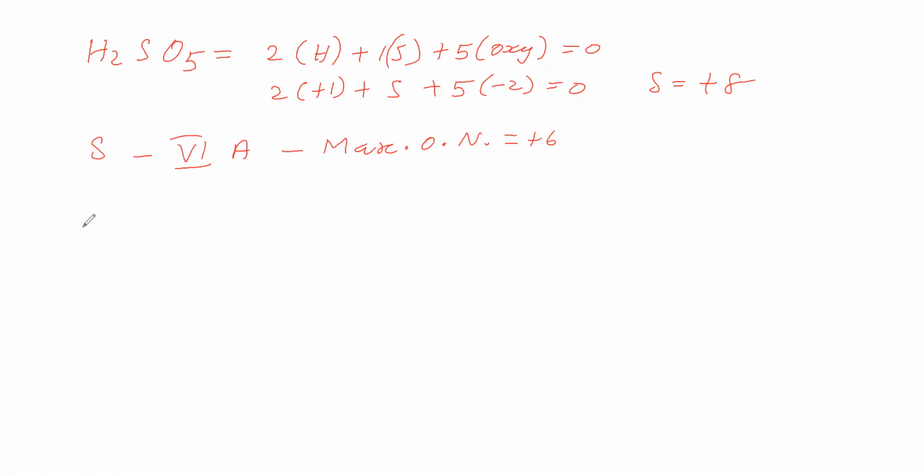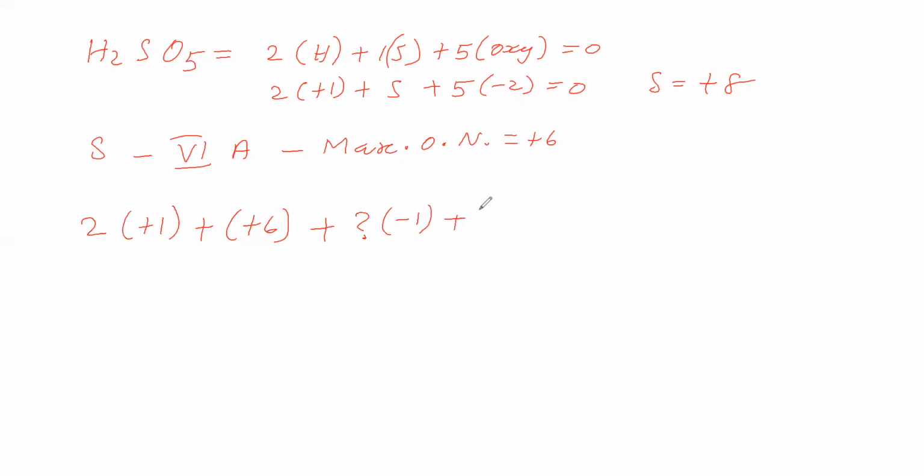So we will write hydrogen +1, and for sulfur we will write oxidation number +6, its maximum value, in order to know how many peroxides are there. Out of 5 oxygens, some are peroxides. For peroxides, oxygen has a -1 oxidation number.